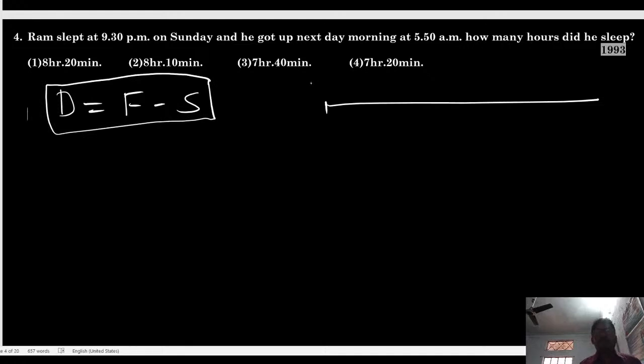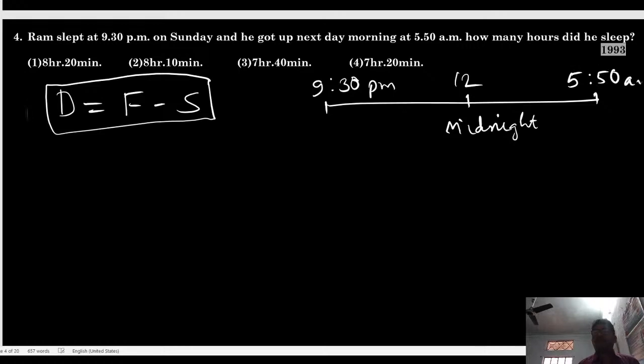Starting time is 9:30 p.m. Next morning, after 12 midnight, 5:50 a.m. Here we have to find the duration of activity. To find it, we subtract the starting time from the finishing time.